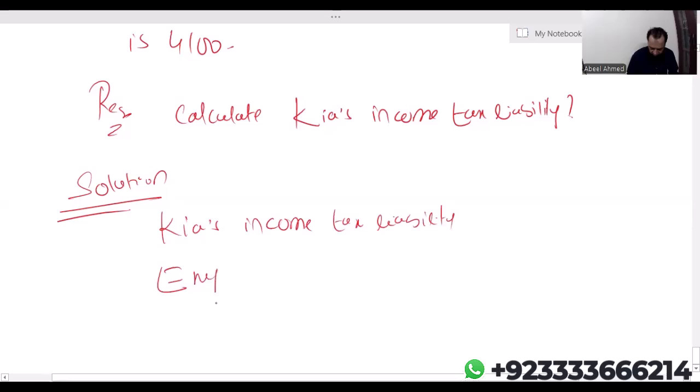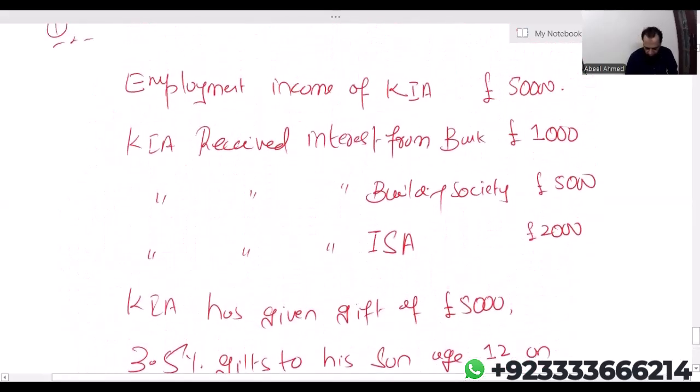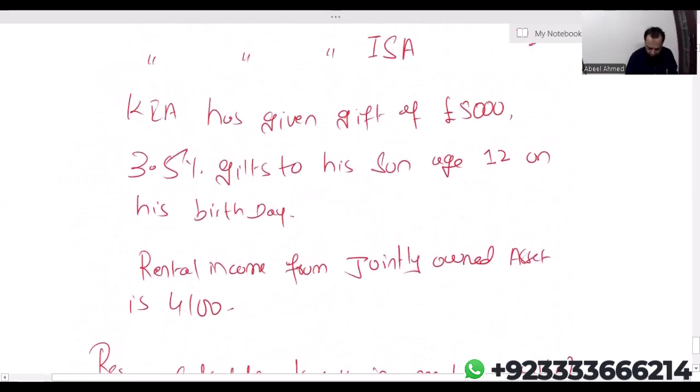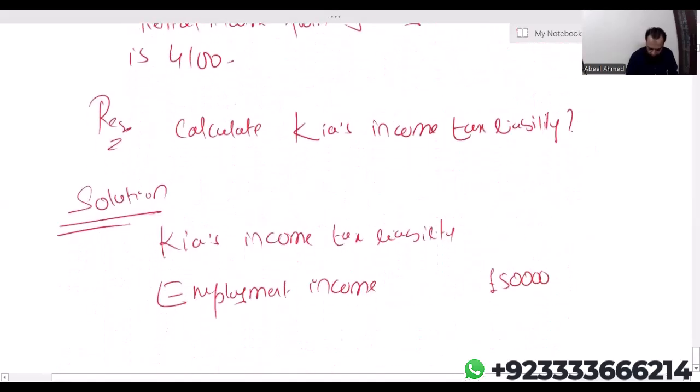Employment income. How much employment income have they given us? 50,000 pound. Okay, fine. Then take the interest income. From the bank, it is 1,000.